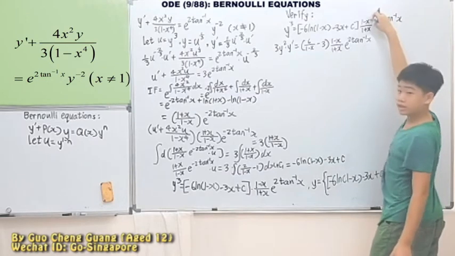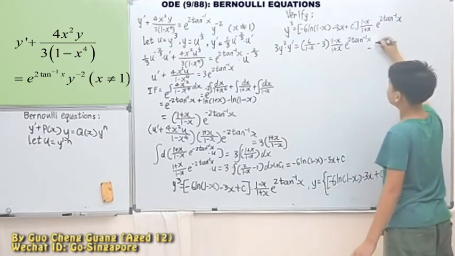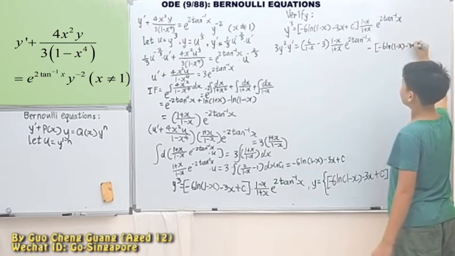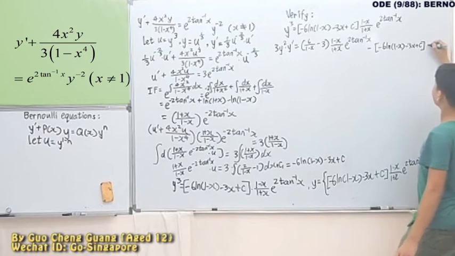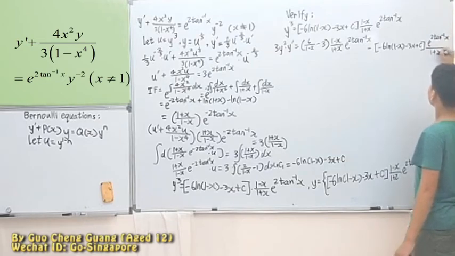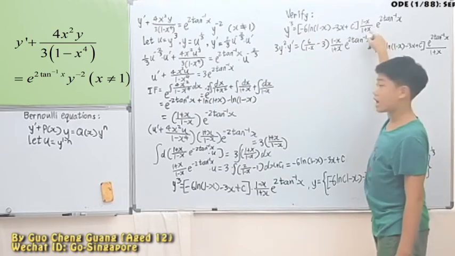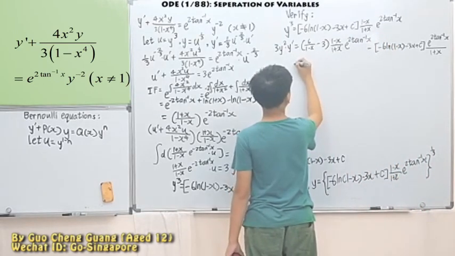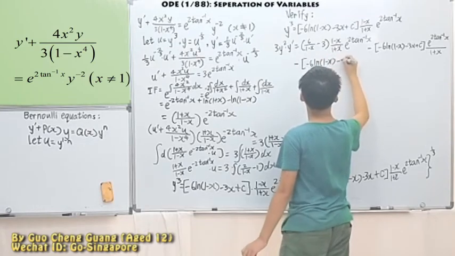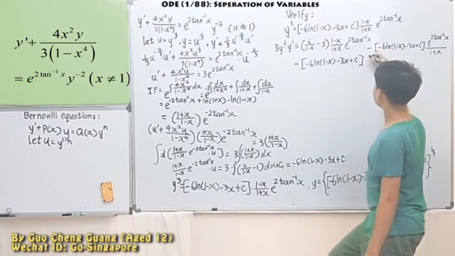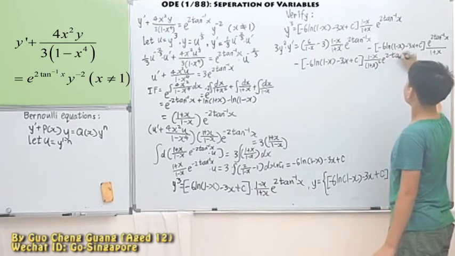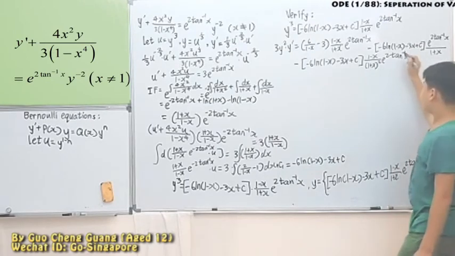Then after that, you can differentiate this part as 1 minus x. Then after that, for this 1 plus x, then after that is this final part.